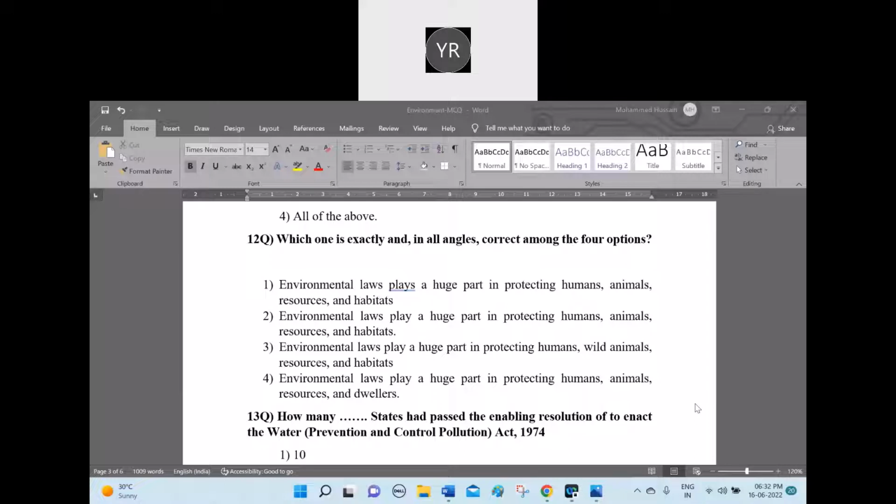12th question, which one is exactly and in all angles correct among the four options. Number one, environmental law plays a huge part in protecting the humans, animals, resources, and habitats. Number two, environmental laws play a huge part in protecting humans, animals, resources, and habitats.